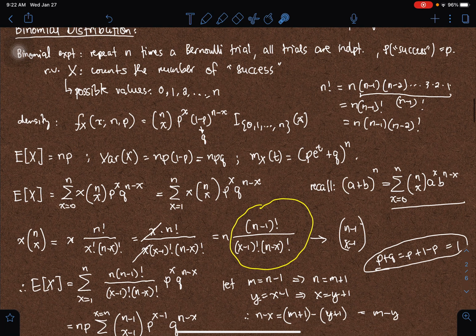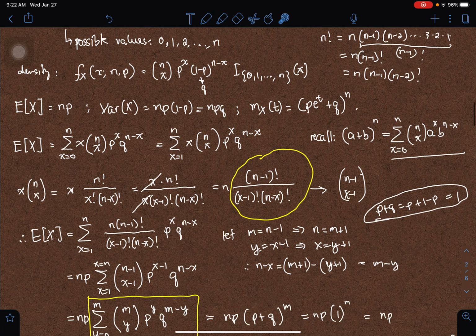Let us now derive the mean, the variance, and the moment generating function of the binomial distribution. Anyway, I have already written here that the expected value of x is np, the variance of x is np times 1 minus p, or npq, and the moment generating function is (pe^t + q) raised to the n power.